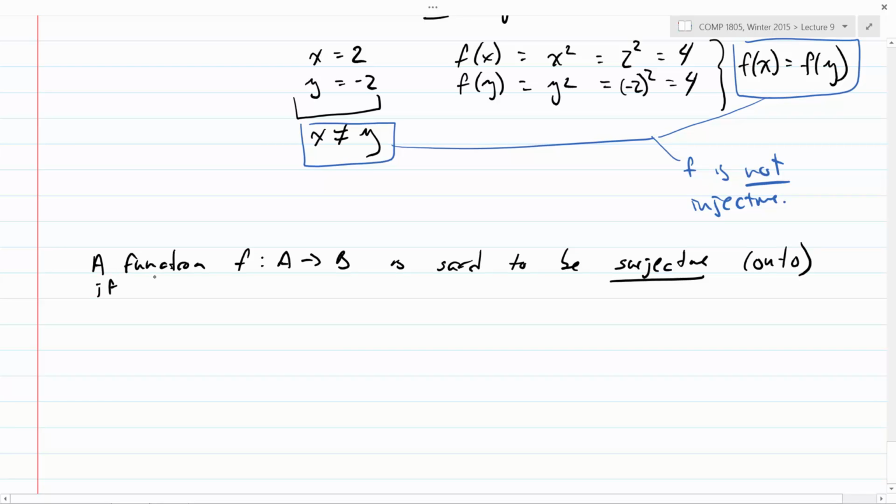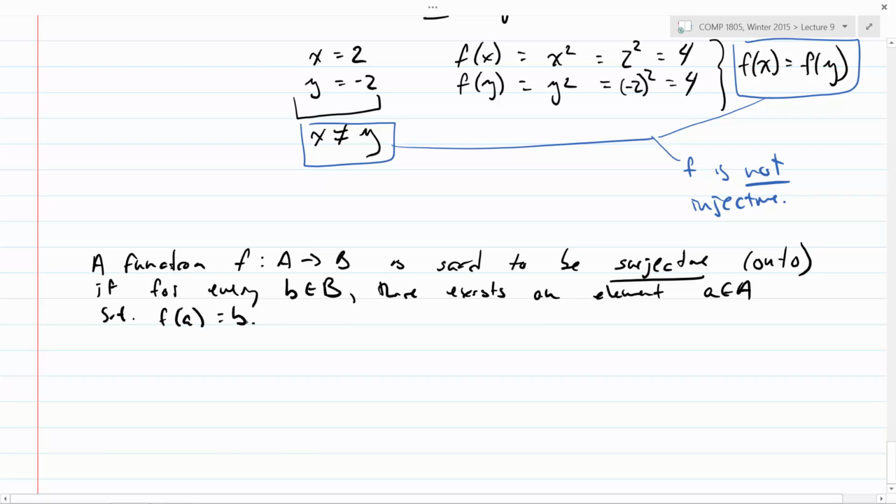If for every output, so for every b in B, there exists an element a in A such that f(a) equals b. Okay? And if that's true, the function is a surjection.